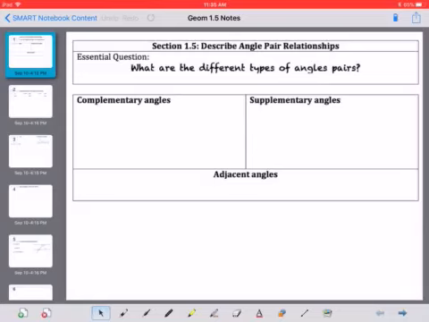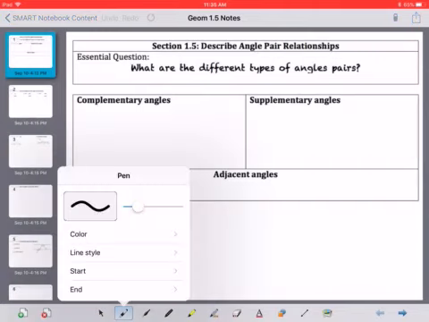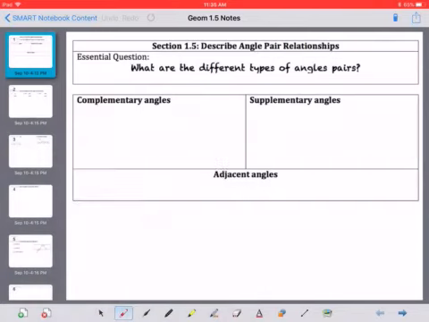Today we are going to be describing angle pair relationships, and we are going to discuss the different types of angle pairs. So the first type is called complementary angles, and complementary angles are two angles that add up to 90 degrees.